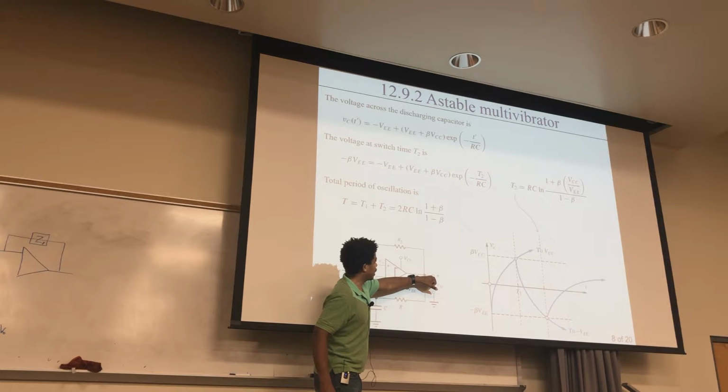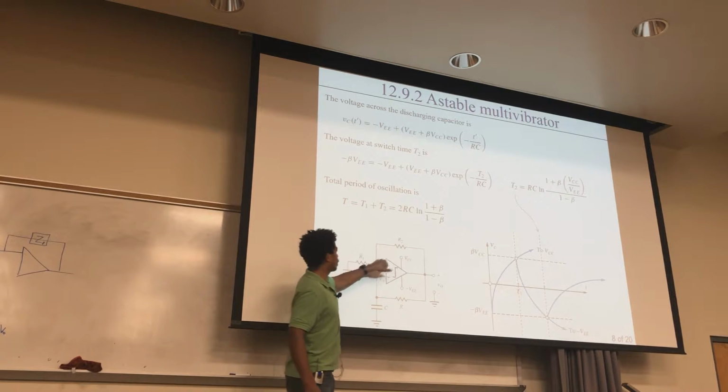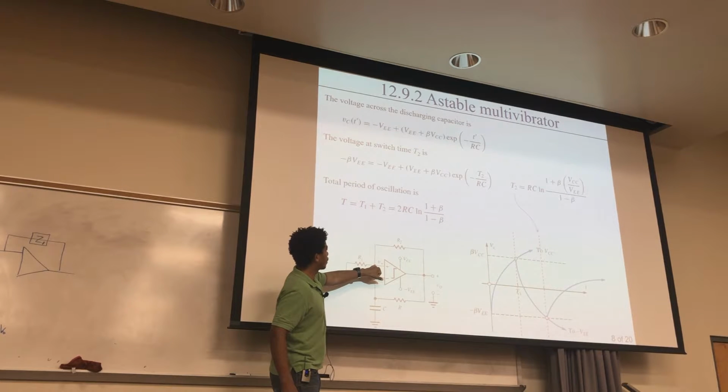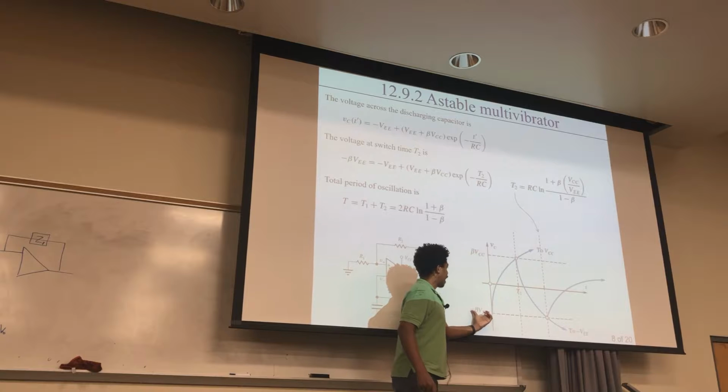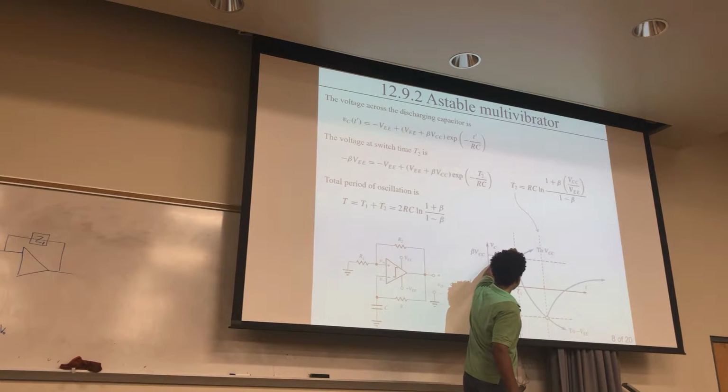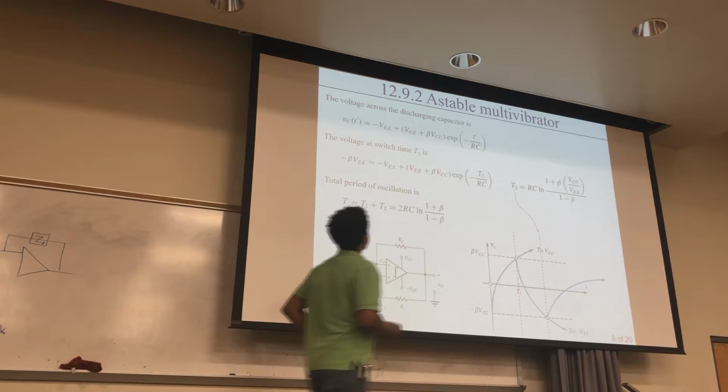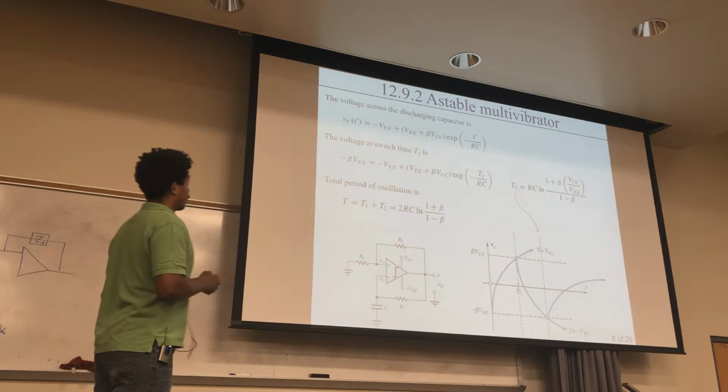If that's VEE and that's your output voltage, then this voltage right here is beta VEE, or negative beta VEE. So that's the next switching point right here. So the question is what is the time that goes from here down to here? Okay, and that's what this is about right here.